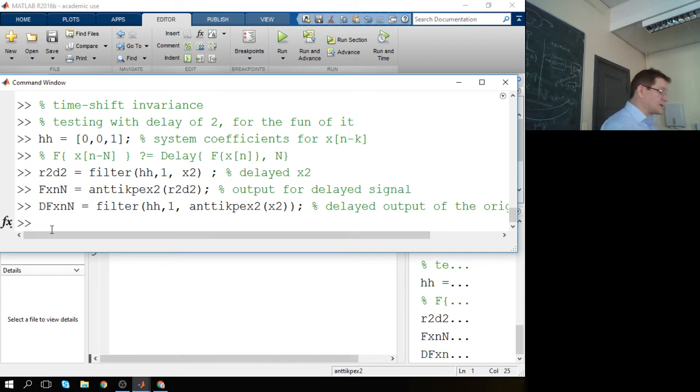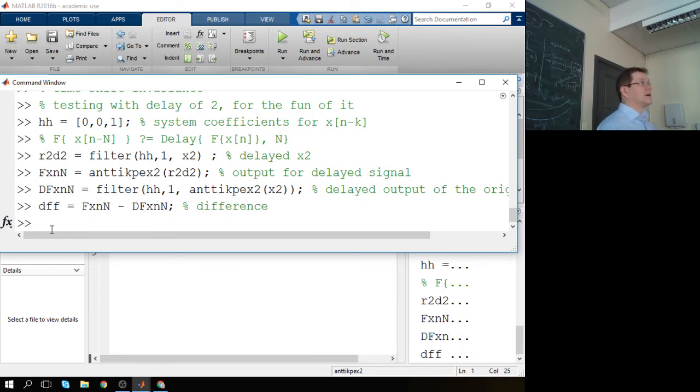So I'll first calculate the difference. So dff equals fxnn minus dfxnn, the difference.